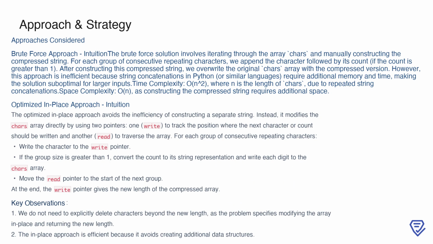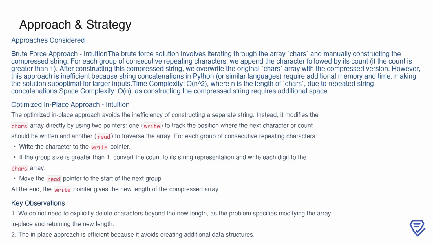To tackle the problem of string compression, we considered two primary approaches. The first is the brute force approach. Here, the idea is straightforward: iterate through the array of characters and manually construct the compressed string. For every group of consecutive repeating characters, we append the character itself, followed by its count, but only if that count is greater than 1.